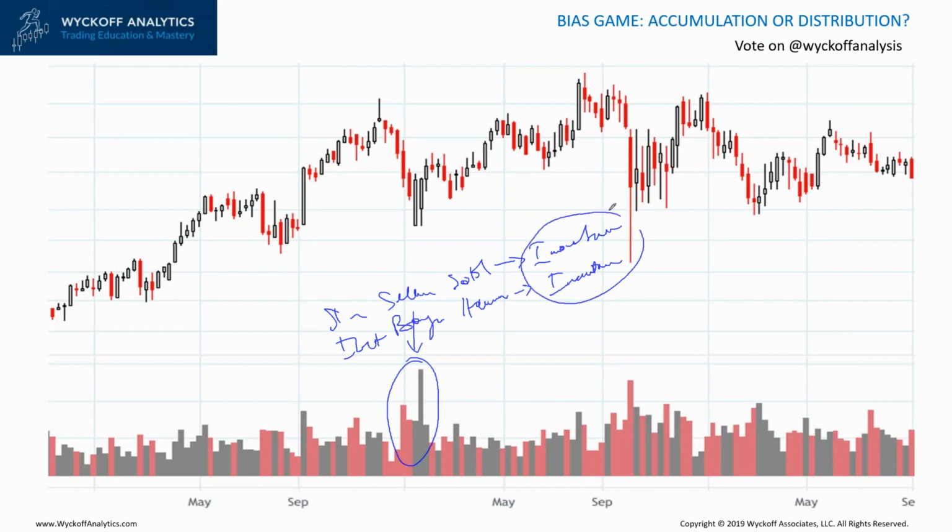So when the two major participants have become inactive, what would we expect? We would expect that the volume would go down. It did. And then with that diminished volume characteristic, what is the price doing?